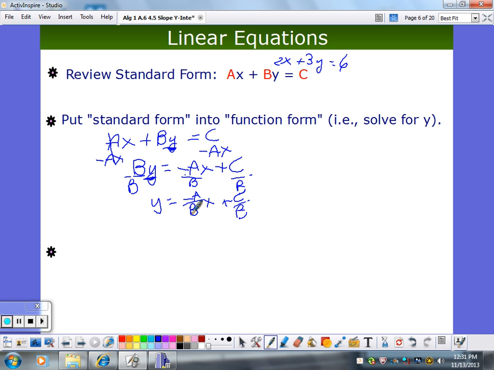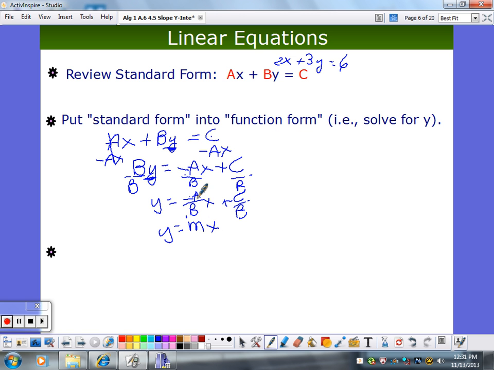Now a, b, c, b, all those things, these are just taking the place of numbers. So if I have a negative a over b, that's just going to be a number, right? So I'm going to call this negative a over b by another name, just so it's not so complicated looking. I'm going to call it m.